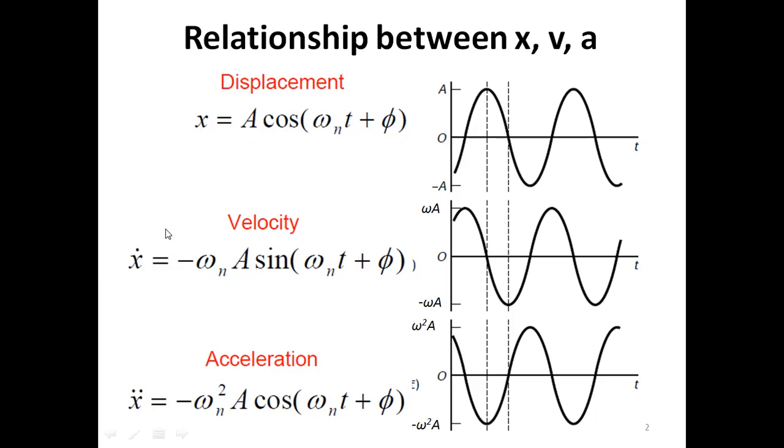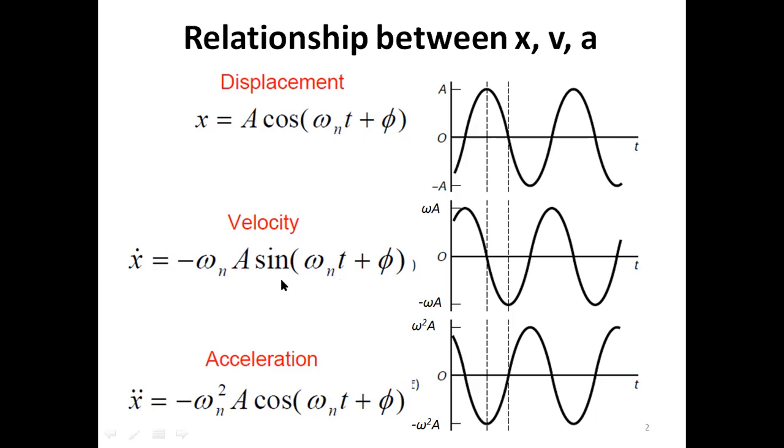So by differentiating, you would get ẋ: differentiating the cosine, you would get minus sin(ω_n t + φ), and since ω_n t is differentiated, we would get ω_n here. So minus ω_n A sin(ω_n t + φ).